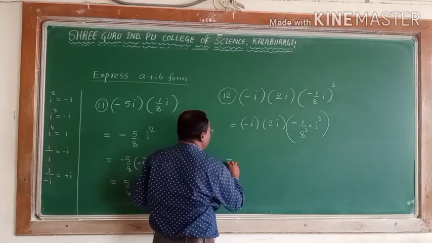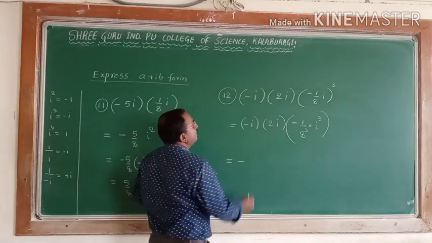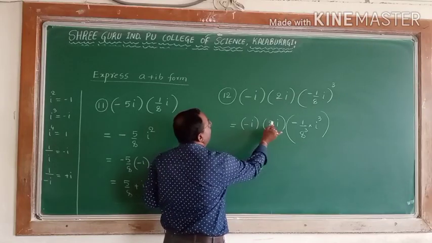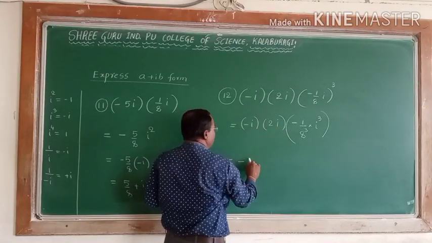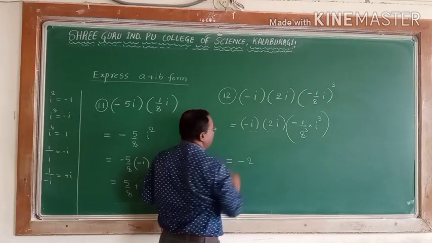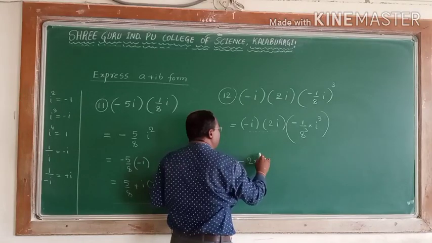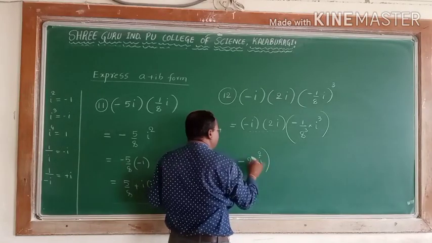Is equal to minus, here i into i square, 2 minus 2, product of these two, minus 2 i into i square.